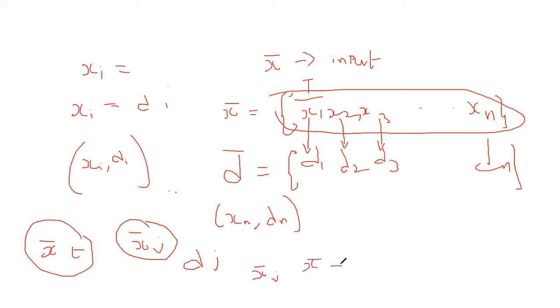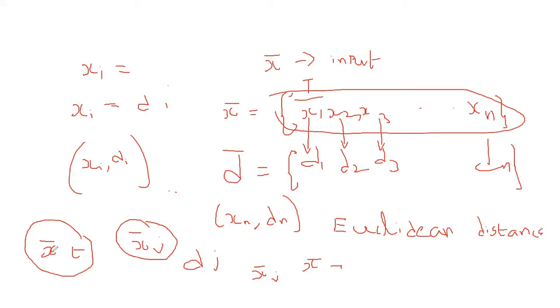By taking Euclidean distance. Here you are going to find the Euclidean distance. We will discuss it with one example. So how can we say that the x bar t output is dj?